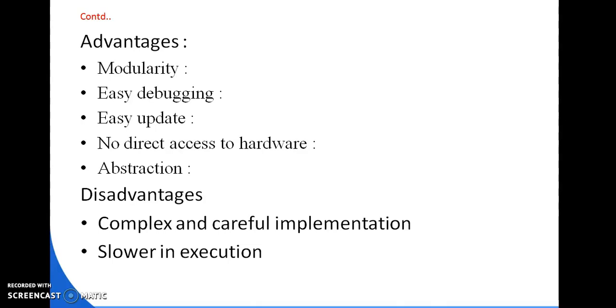Suppose an error occurs in the CPU scheduling layer, so the developer only has to search that particular layer to debug, unlike the monolithic system in which all the services are present together. And then easy update: a modification made in a particular layer will not affect the other layers.